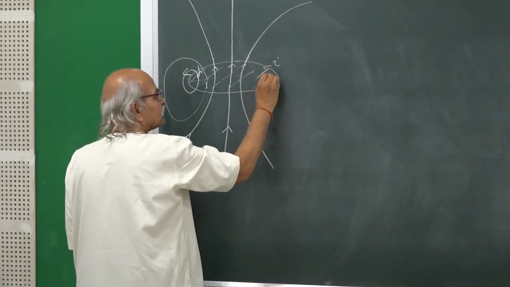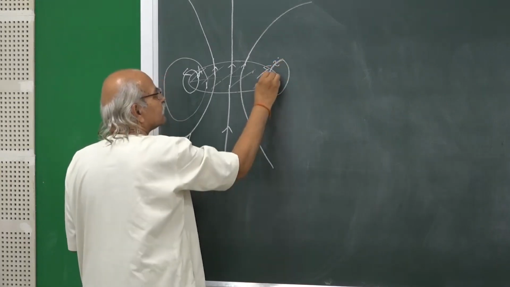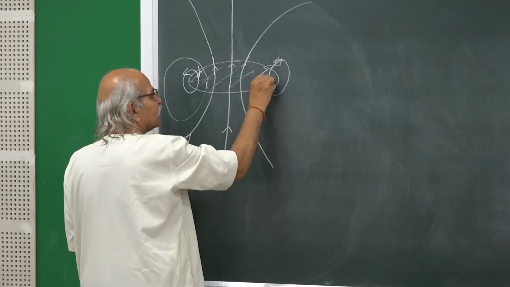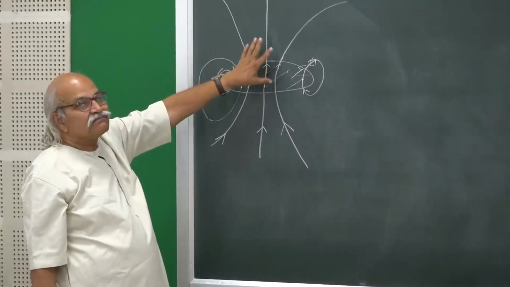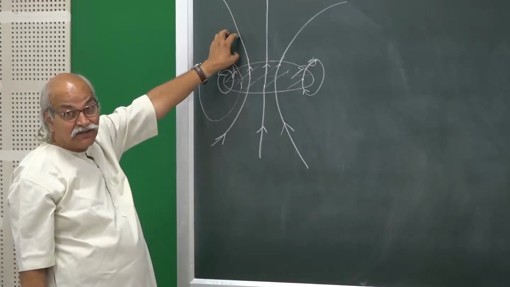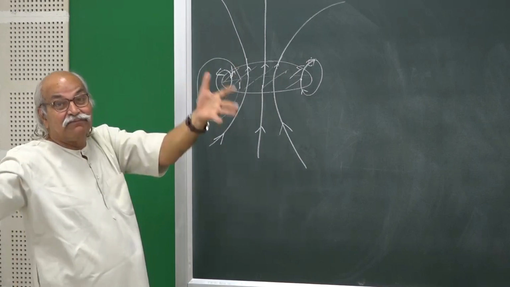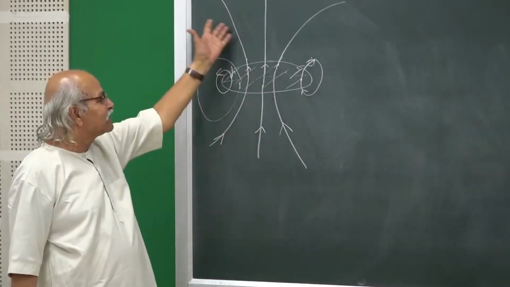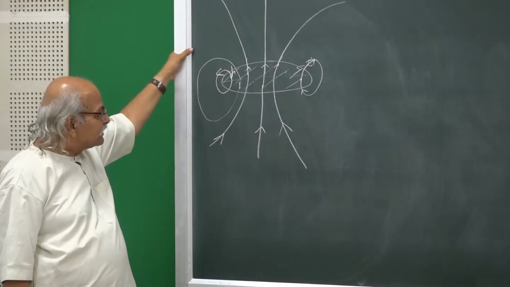Then if you are close enough, the lines will be like this. It will turn here and then come back like this. So, this kind of pattern is very important to know, because we need magnetic field. If you are doing some practical applications, you need magnetic field everywhere. So, this is how it goes here.